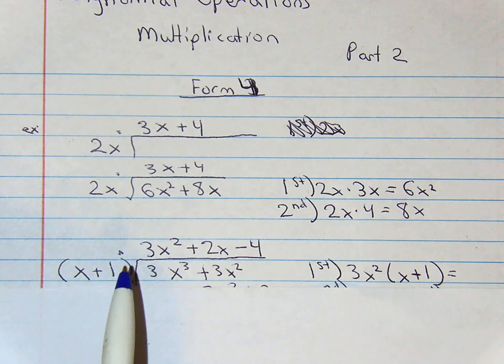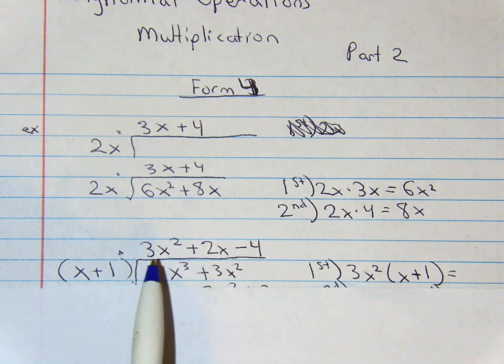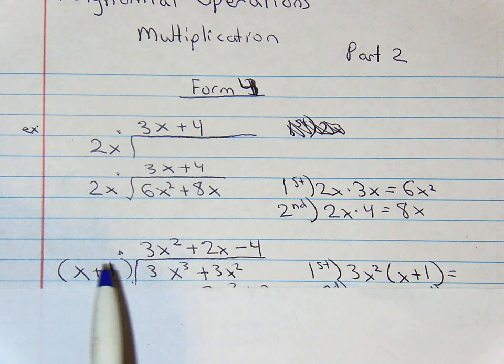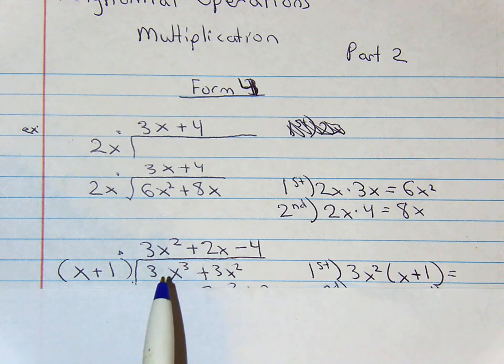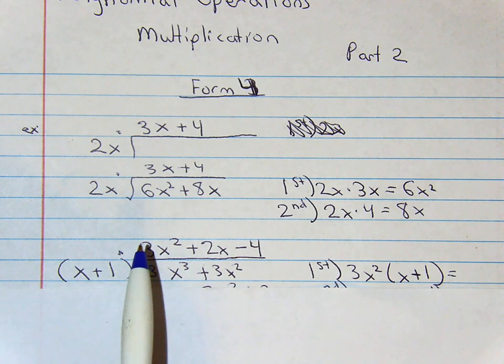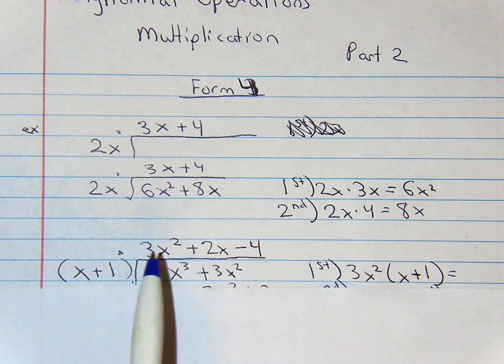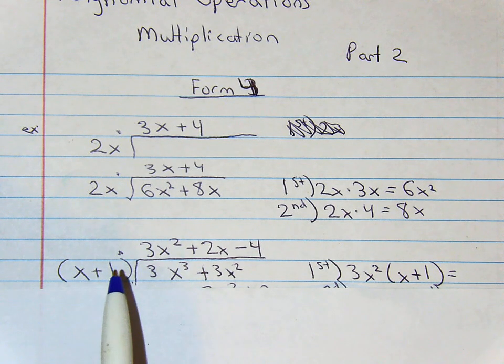So here we had our initial setup, and we're multiplying this factor and this factor. And so first I'm going to take 3x squared and multiply it by my x plus 1.